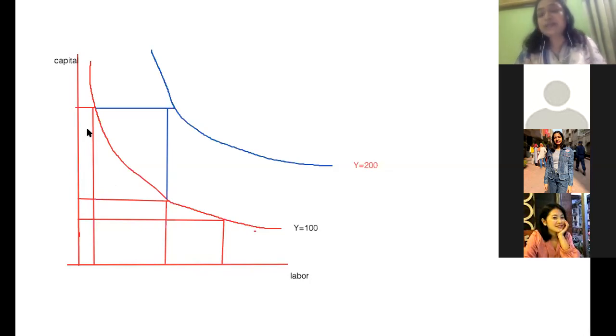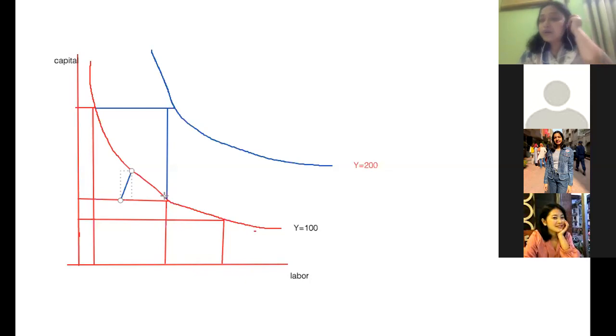That means the graph has to be downward sloping, and the slope is capital by labor. The tangent over here shows how much capital you are using in relationship to labor. This is the slope at this point, and that slope is this distance divided by this distance, right?